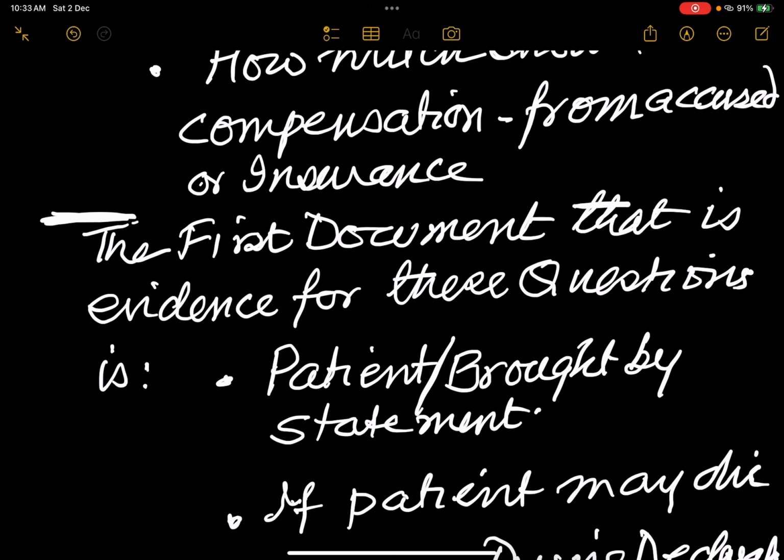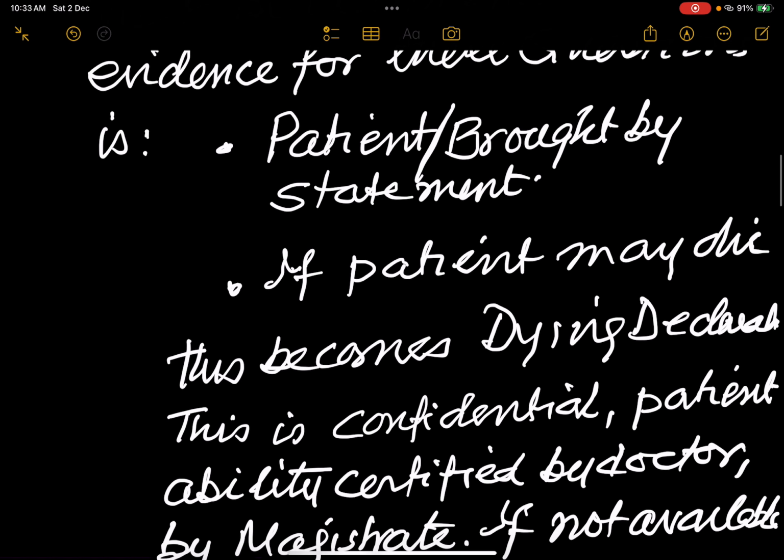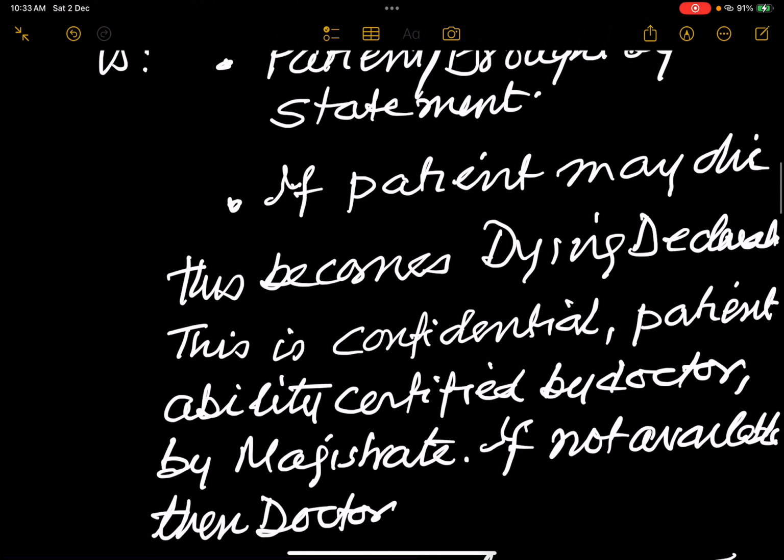If the patient is a child, less than 18 years, then the parents give the statement. If the patient is in danger of dying, then this becomes a dying declaration. For a dying declaration, you have to call the magistrate. You have to ensure confidentiality so that there is no duress on the patient. The patient's ability to give a statement is certified by the doctor in charge.